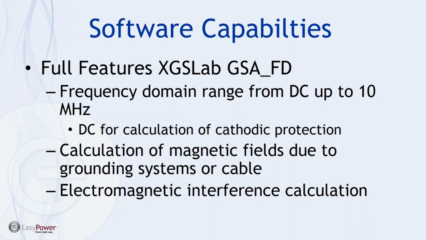And then finally, you can use it for electromagnetic interference calculations, maybe caused by your facilities or others. Generally, these other facilities end up being buried pipelines or other buried electrodes nearby. But the fact that you can calculate the induced current and potential due to the resistive, capacitive and inductive coupling is helpful in many situations.